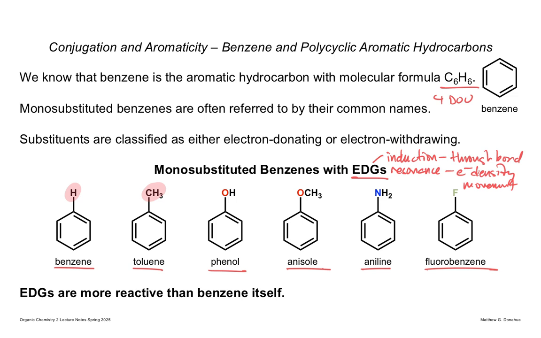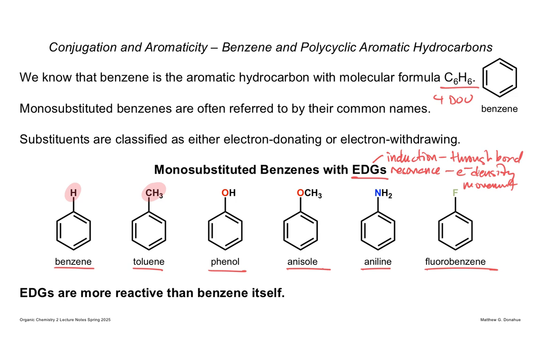Then really the crux of the issue is once you have a monosubstituted benzene and you want to run a second reaction on it, where is the substituent going? When you start with benzene, all these H's are equivalent, so it doesn't matter which one you substitute.